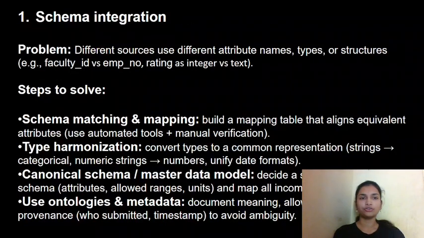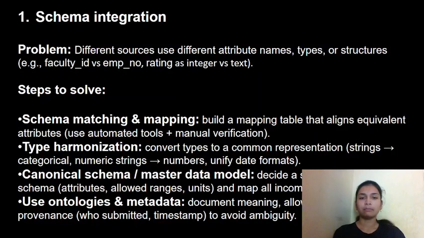In schema integration, the problem is that different sources use different attribute names, types or structures. Steps to solve: schema matching and mapping, building a mapping table that aligns equivalent attributes. Harmonization: convert types to a common representation, strings to categorical, numeric strings to numbers, and unified date formats.